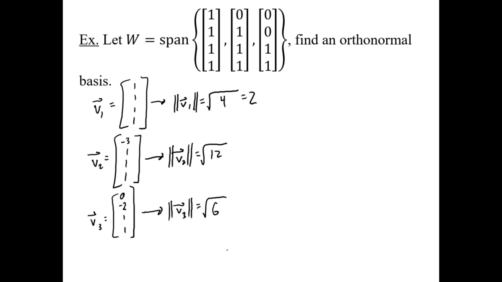So my orthonormal basis, in the first vector, I'm going to divide everything by 2. And my second vector, divide everything by radical 12.